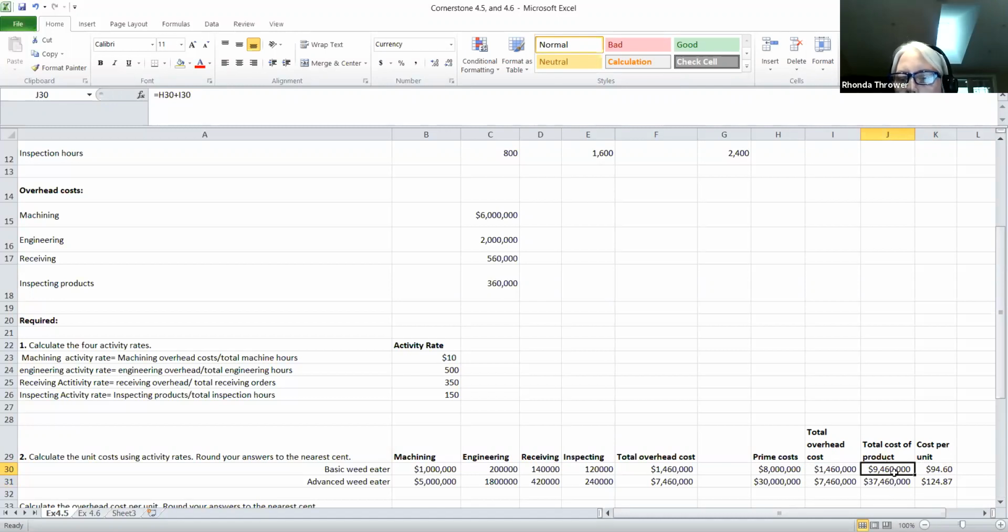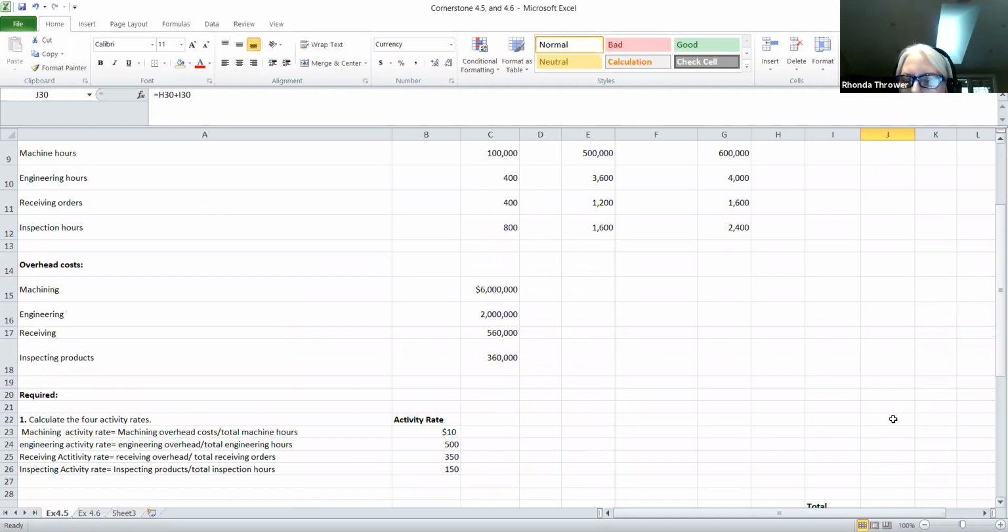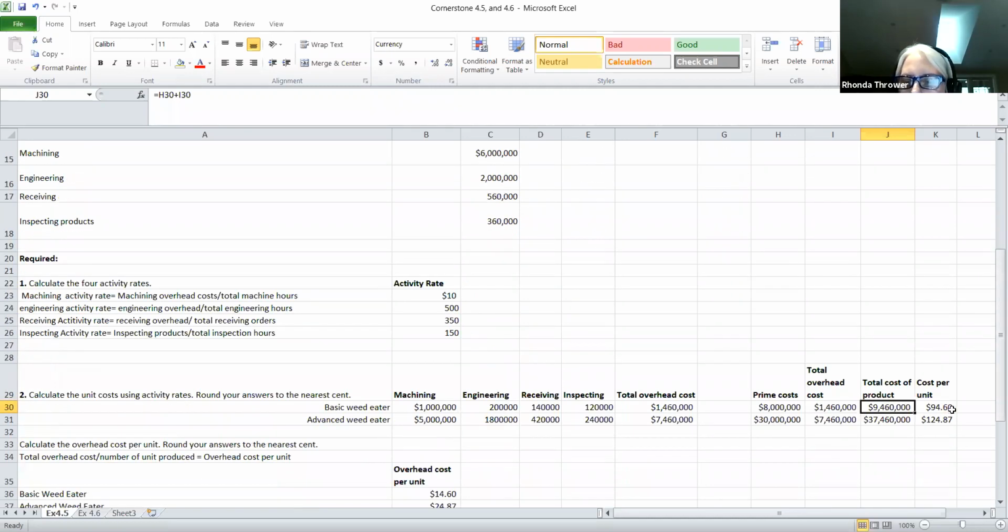And we would divide that by the number of basic weed eaters that we produced. And that number of basic weed eaters that we produced is right here given in this table. So 100,000 is divided into 9,460,000, and that will give you what they wanted this answer to be, the cost per unit.